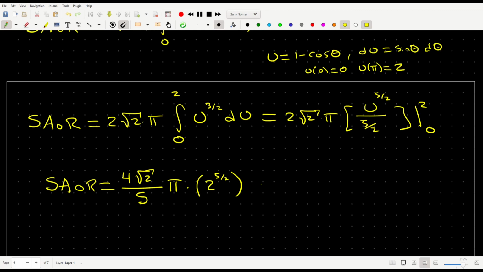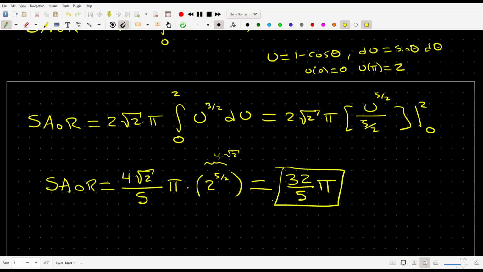And 2 to the 5/2 is the same thing as 4 times the square root of 2. So when we plug in and simplify, you get the square root of 2 times the square root of 2, which is 2. 4 times 4 is 16. And so we get that the final value that we're looking for is 32 over 5 times pi.